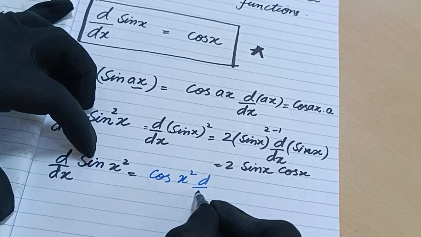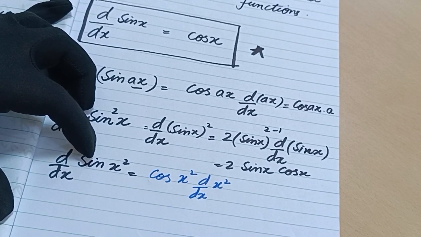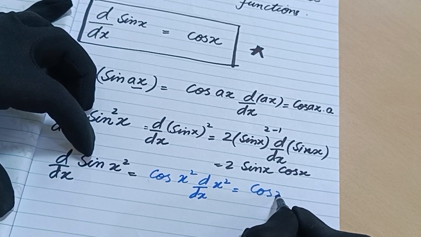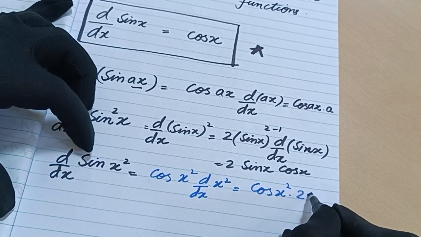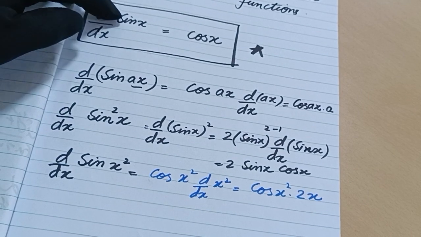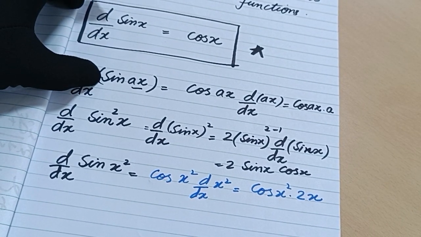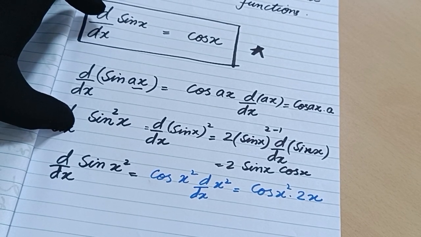Now the derivative of the angle, x square, becomes 2x.